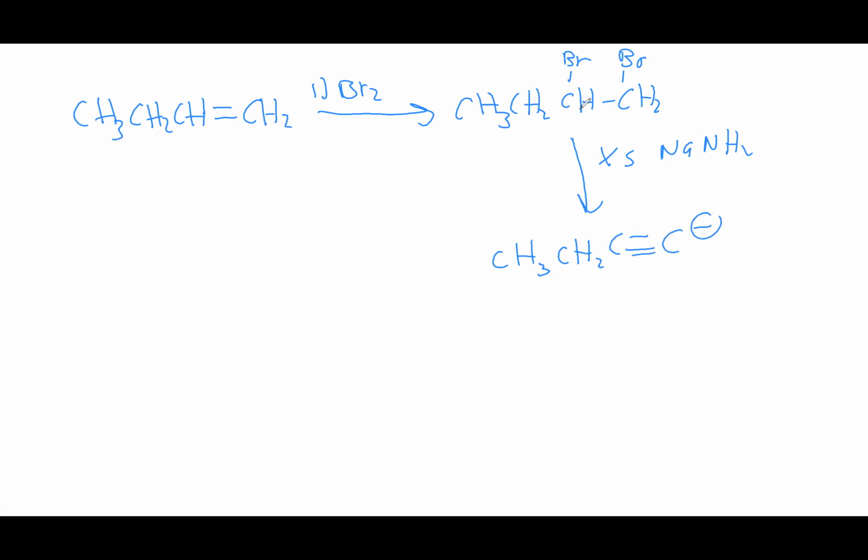You eliminate HBr once, that gives you an alkene. You eliminate HBr again, that gives you an alkyne. The excess amide deprotonates the alkyne to give you the alkynide ion. That drives the reaction to completion. And then you add water to protonate the alkyne, right? That gives you the final alkyne we want. And then we saw we can form the aldehyde from that on the previous slide, okay?